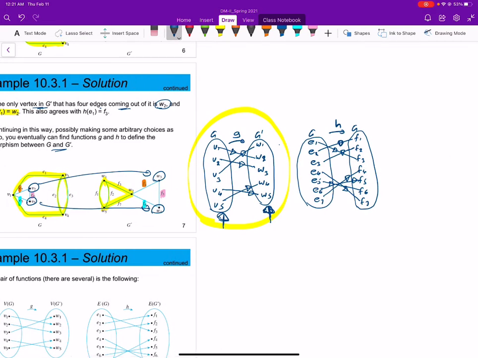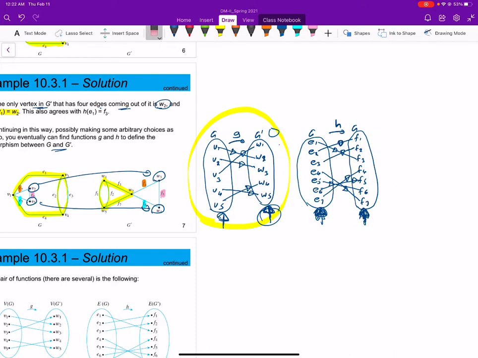And here also the same thing happens. Each edge in this graph will be matched by only one in that graph. And the other thing is, to be onto, you have to make sure everything here is mapped. Yes, everything here is mapped and everything there is mapped. Okay, so they are one-to-one and onto.